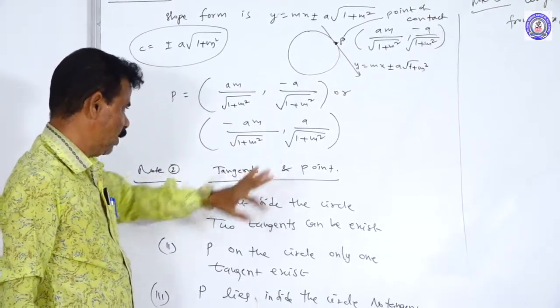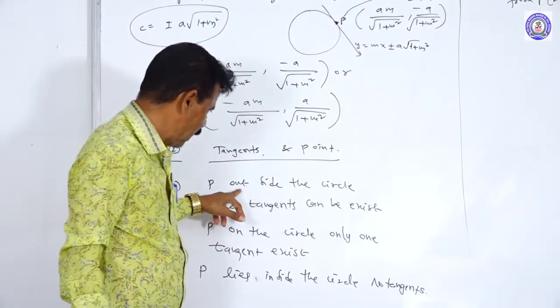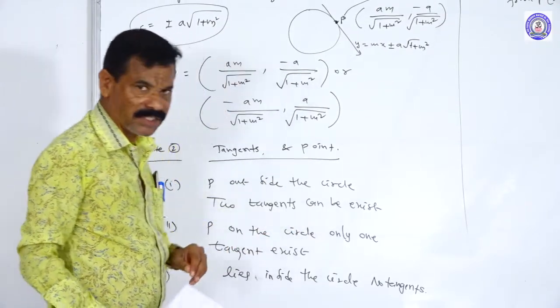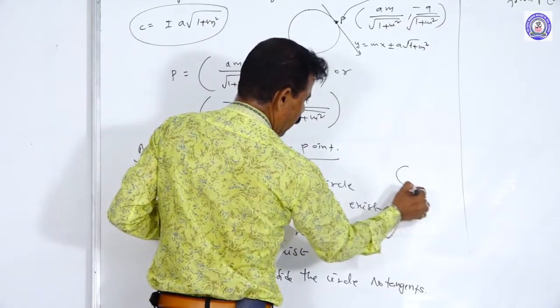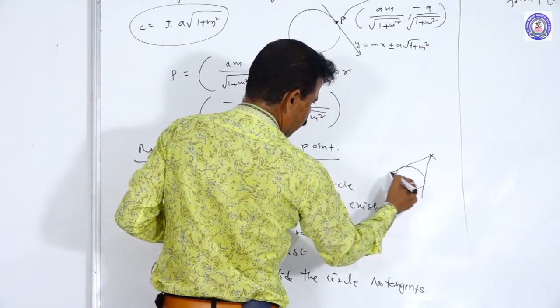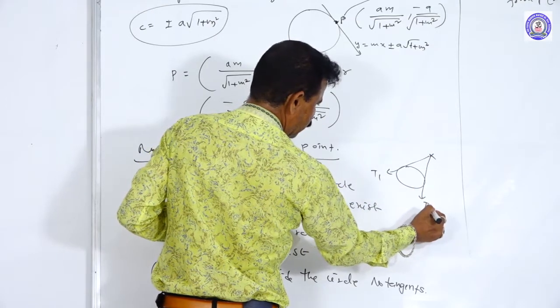Note 2: Tangents and a point. If P lies outside the circle, then two tangents can exist. This is tangent 1, this is tangent 2.